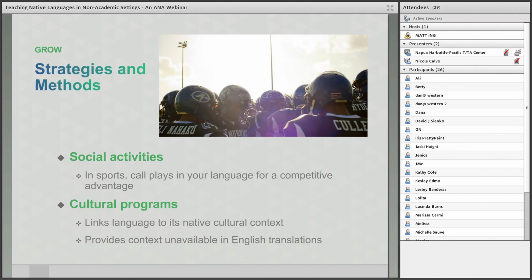Oftentimes, within the classroom situation, you know the word for sprout, but sprout can mean so many different things in English. There might be several different words in the native language for the same thing. So you put it within the cultural context and you know exactly what it means. And again, this context does not allow itself to be part of the English translations because it's just really, really different.